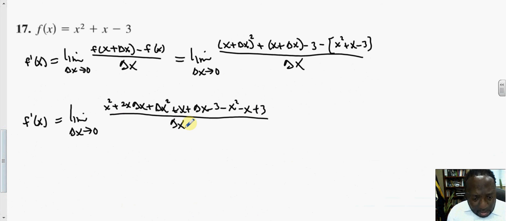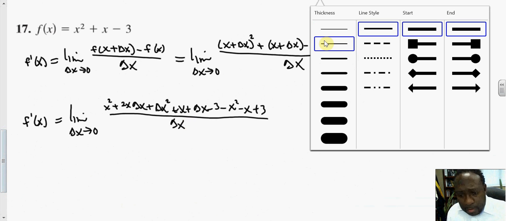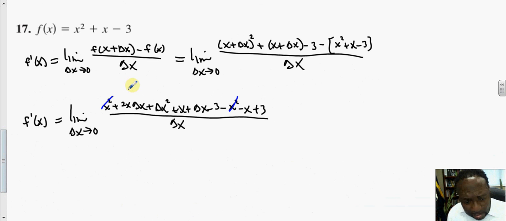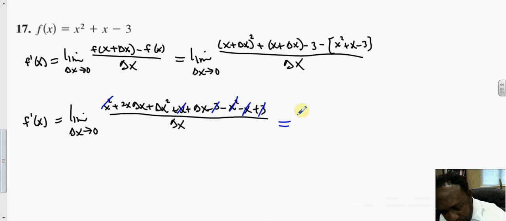Again, if we do everything correctly, the terms without delta x will cancel in our numerator. So the x squared minus x squared goes away, x minus x, and the minus 3 plus the 3 is gone. What we have left is to factor out delta x up top.